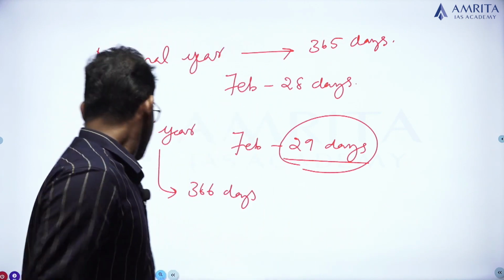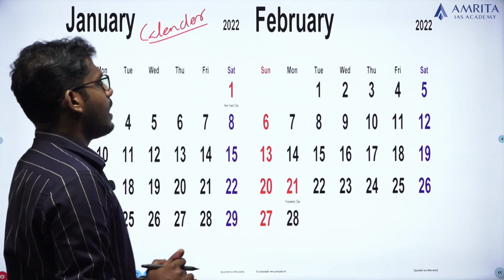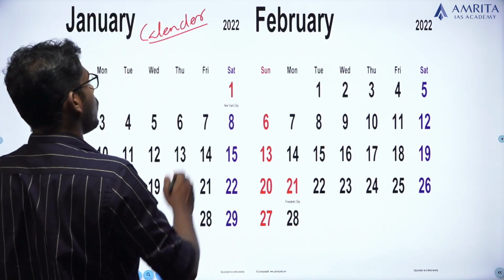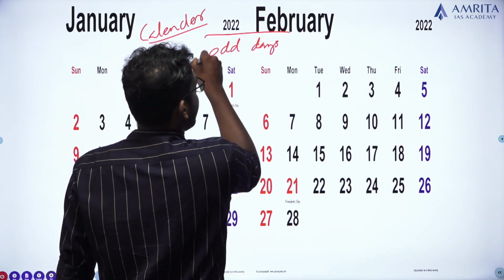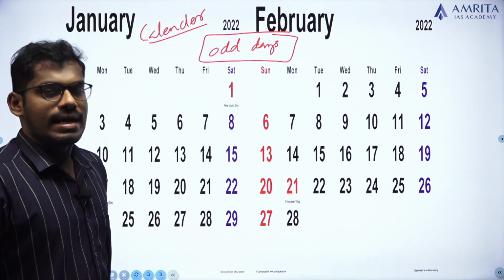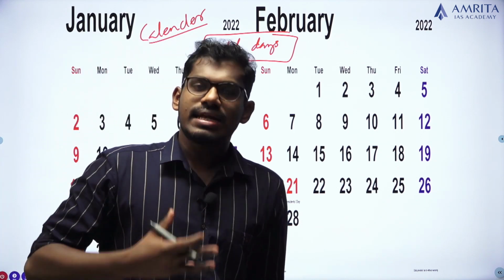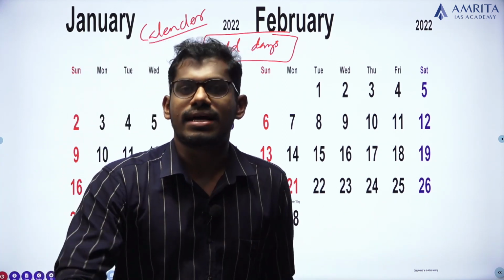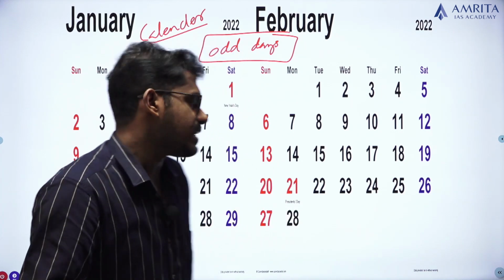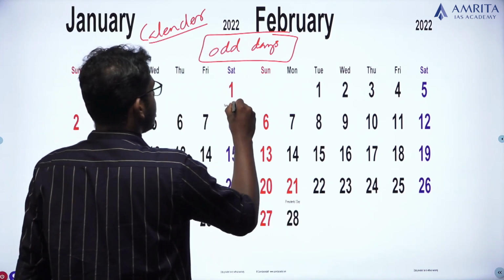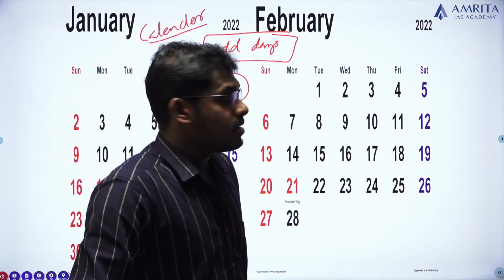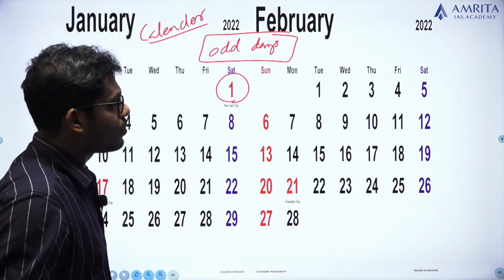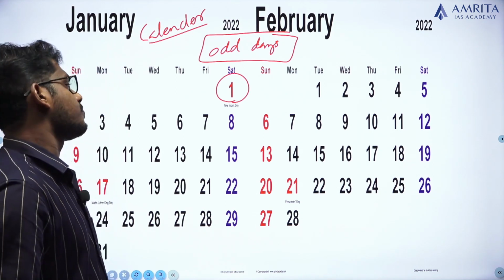Clear? Okay. Another thing, I am going to discuss the idea of odd days. Before moving to the idea of odd days, let me explain the cyclical nature of the 7 days in any calendar. For example, I have taken two calendars of the months Jan 2022 and February 2022.